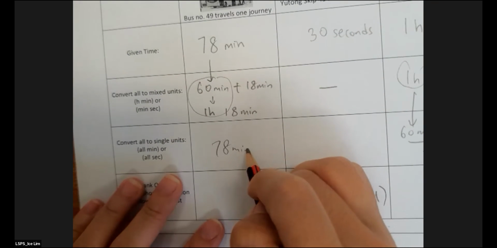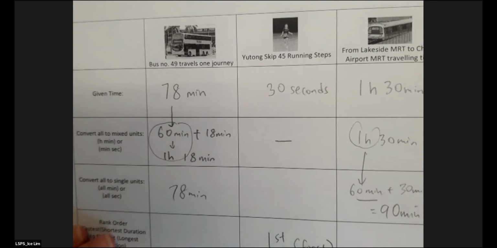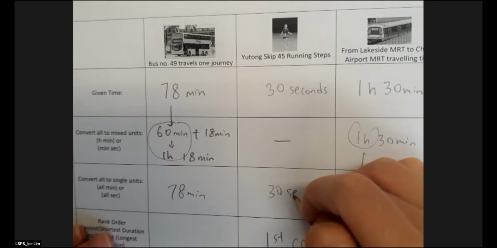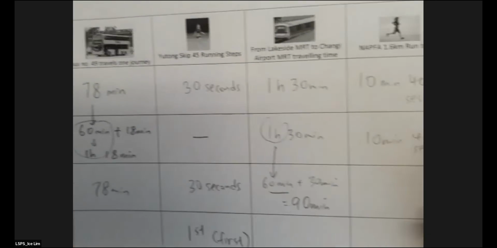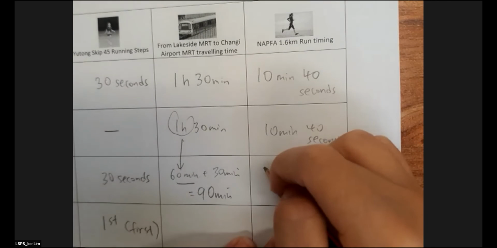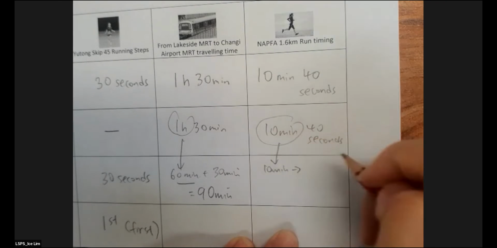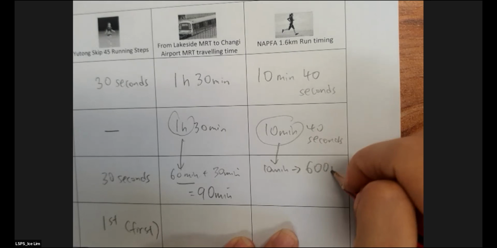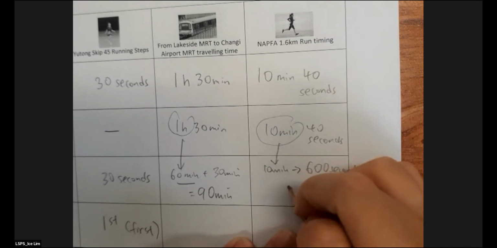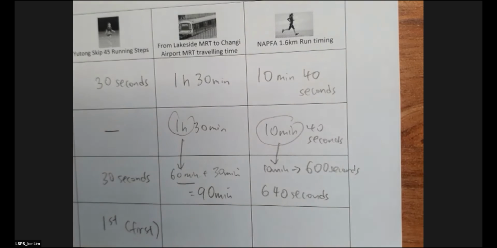So in this case, this one is 78 minutes. This one is already solved. This one is already 30 seconds, a single unit. And this one here, 10 minutes is 600 seconds, so added together is 640 seconds. That's it.